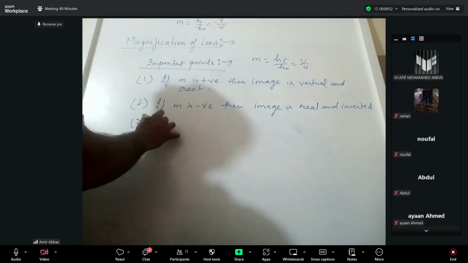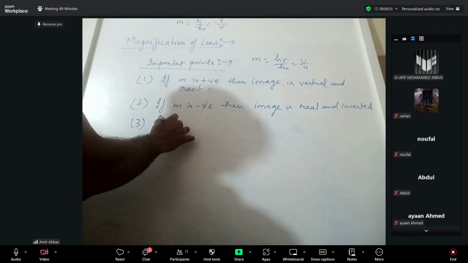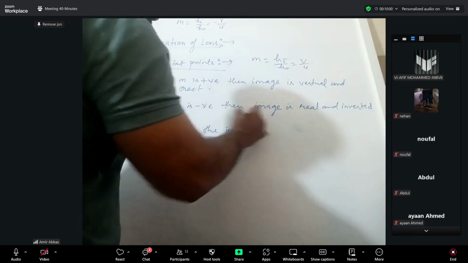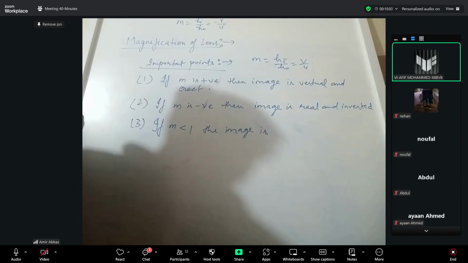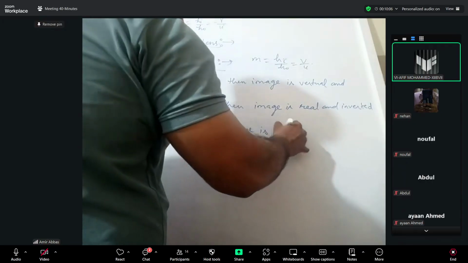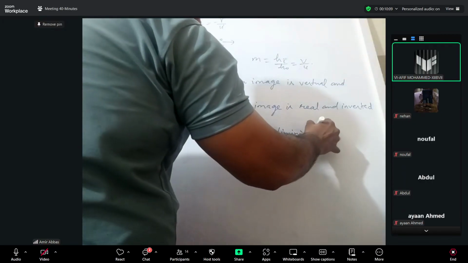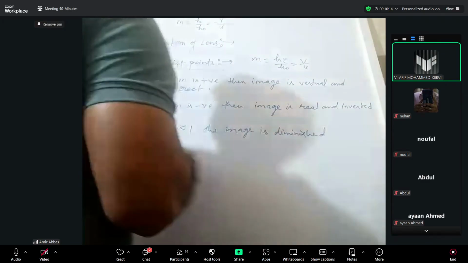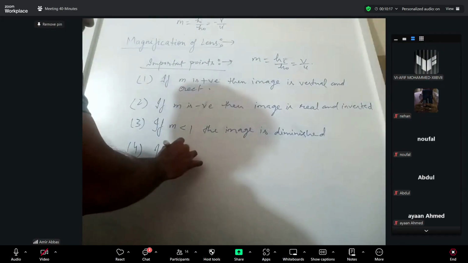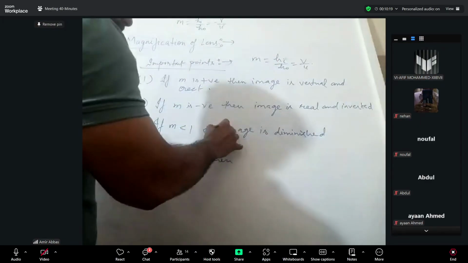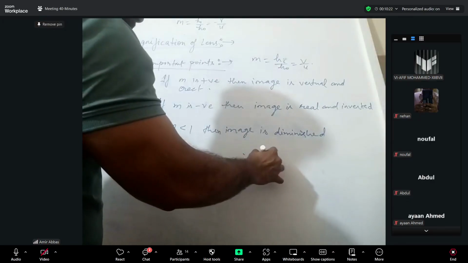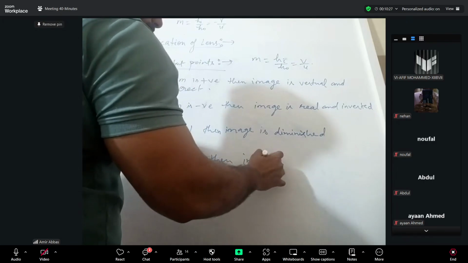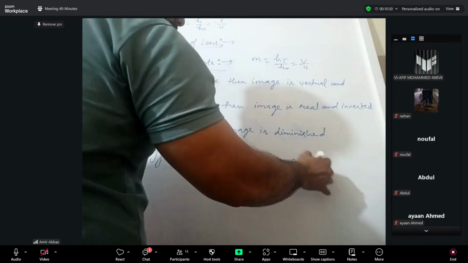Third, if M is less than 1, then the image is diminished. Fourth, if M is greater than 1, then the image is enlarged.